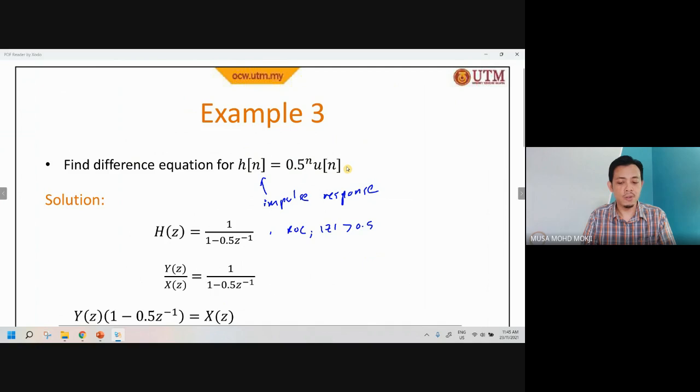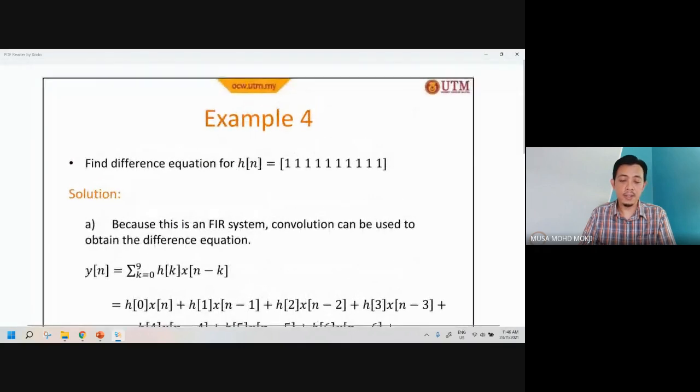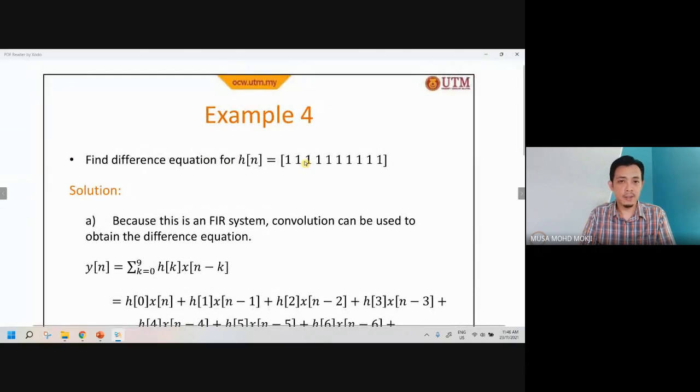It's not 0, but it's close to 0. Because if it is 0, then we can count the samples. But because even at infinity the value is not 0, it is very close to 0, that's why we have an infinite number of samples. We call it infinite impulse response. And this one, finite impulse response. How finite? 10 samples. Okay.